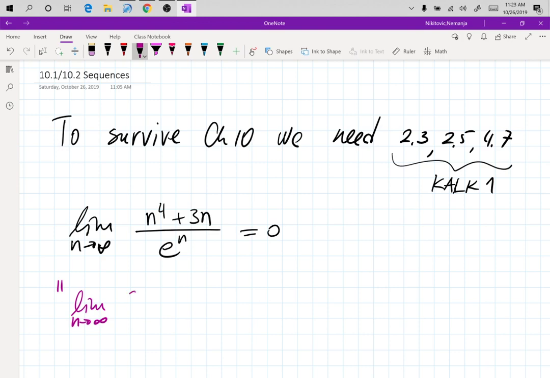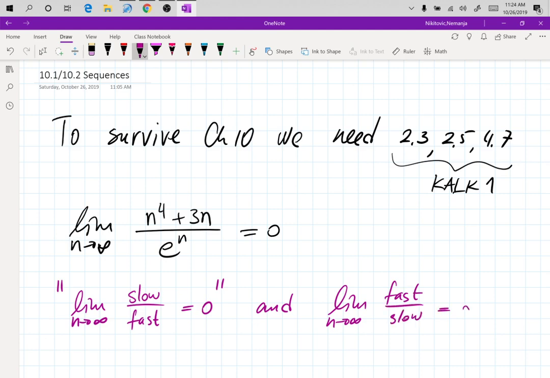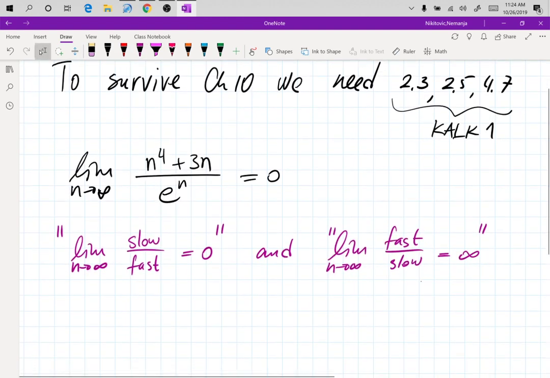So limit of slow over fast is going to be equal to 0, and limit as n goes to infinity of fast over slow will be infinity. As I said, these are terrible notations, but they do the trick in giving you the most powerful and quickest tool to find the limit.